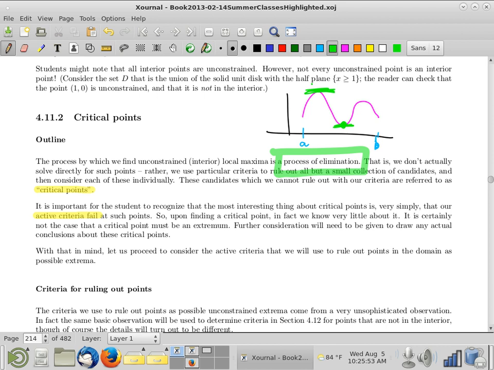So a better way, what I prefer to say, is that when you take the derivative, what you're doing is you're trying to eliminate points like that one. The idea being that at a point like that, if you can identify that its derivative is non-zero, I can eliminate this point easily. There's no way that could possibly be a maximum because look, the derivative is non-zero.